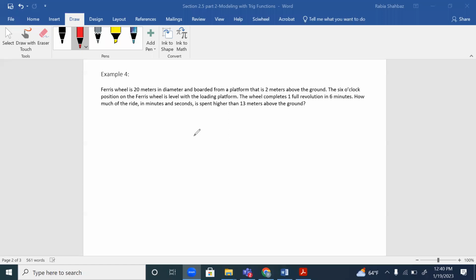So this is a Ferris wheel, whose minimum height is 2 meters above the ground, and the maximum it goes is 22 meters because its diameter is 20.